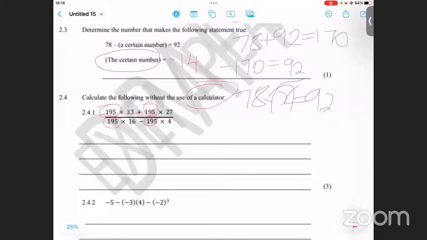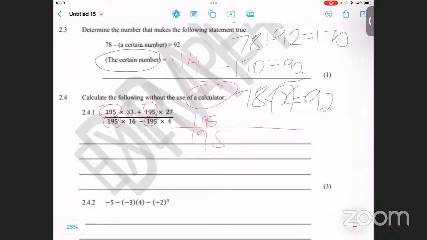So you can make that 195 a common factor to both numerator and denominator, right? So we can have something like this: 195 divided by 195.